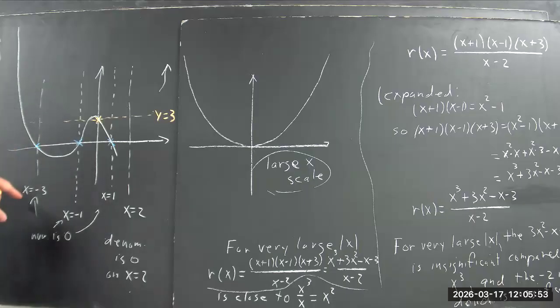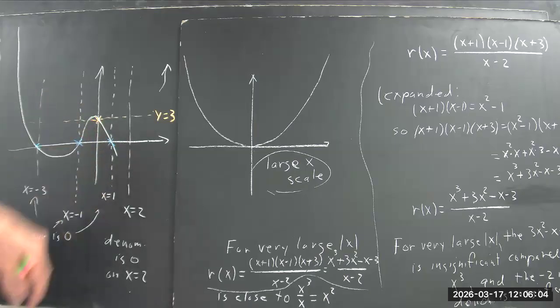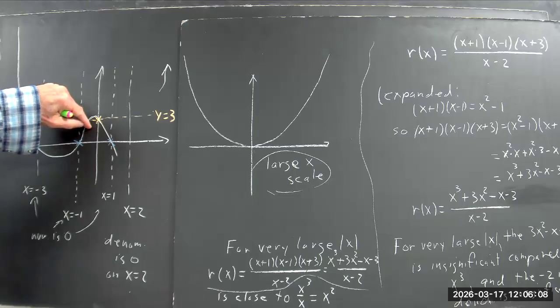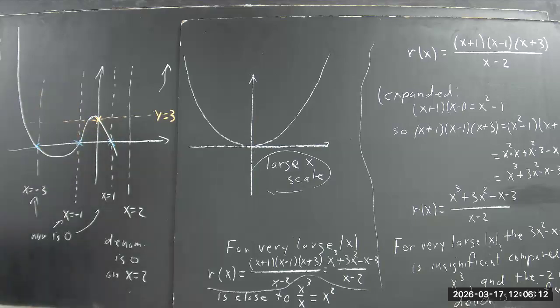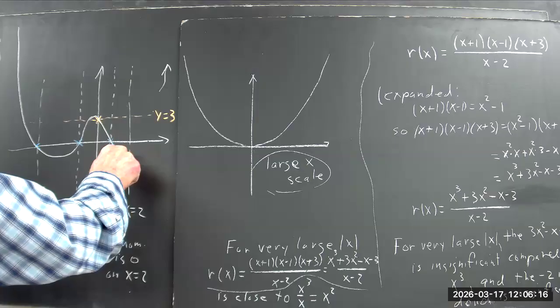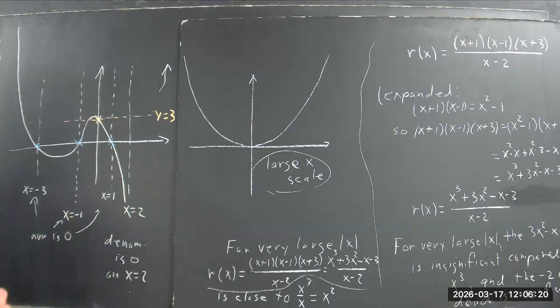So we come down through the zero at x equals negative 3, turned around, going up through the zero at x equals negative 1, went up and turned around a little bit before we got to y equals 3, just because that's going to make the graph look about right. And went through the point 0, 3, the y-intercept, and then down through the x equals 1 point. And now we go down and approach the x equals 2 line as an asymptote.